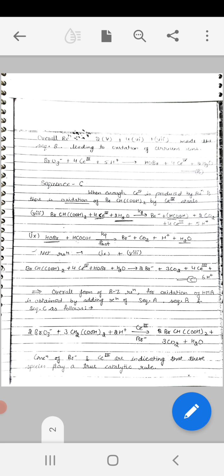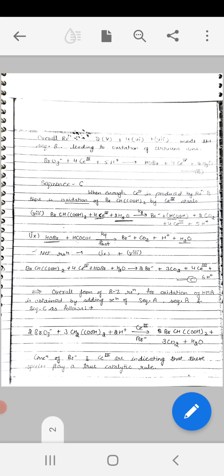This is the equation for sequence C. Overall, the form of the BZ reaction for oxidation of malonic acid is obtained by adding the reactions of sequence A, sequence B, and sequence C: 2 bromate ions plus 3 malonic acid molecules plus 2 H ions, in the presence of cerium 3 and bromide ion, form 2 BrCH(COOH)2 plus 3 CO2 plus water.